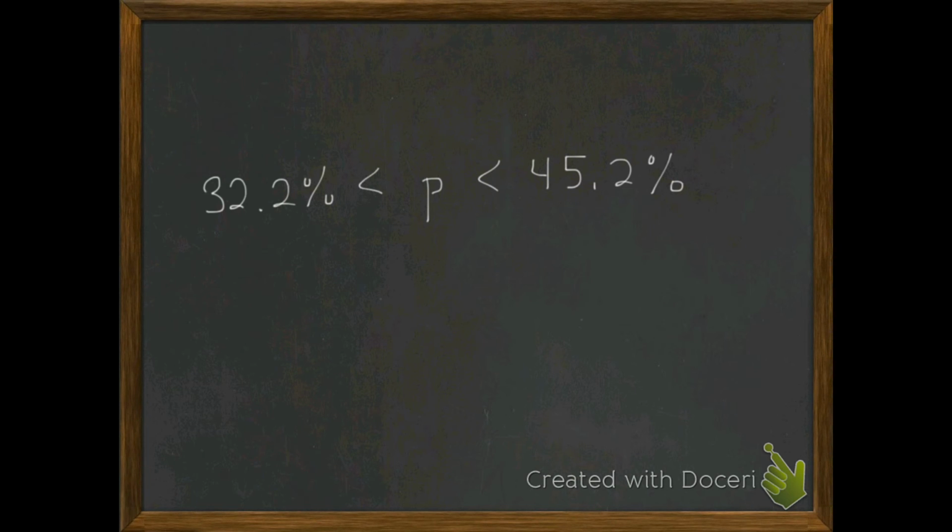So gang, our confidence interval is 32.2% to 45.2%. So we can estimate with 90% confidence that this interval, 32.2% to 45.2%, contains the percentage of households who have high-speed internet service.